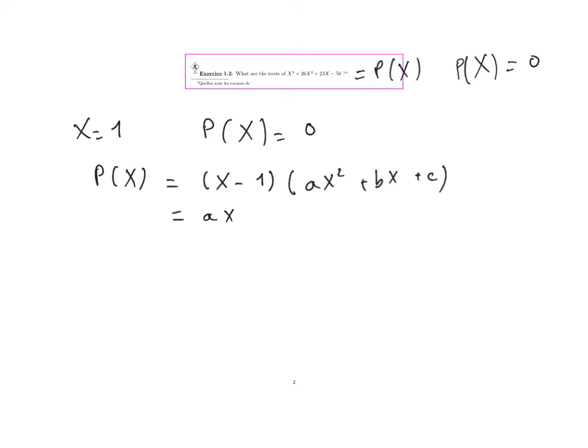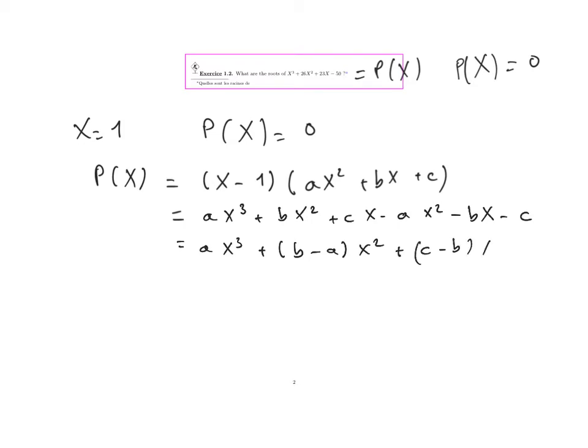So this is ax cubed plus bx squared plus cx minus ax squared minus bx minus c, and then I now collect all the terms, so b minus a times x squared plus c minus b times x minus c.